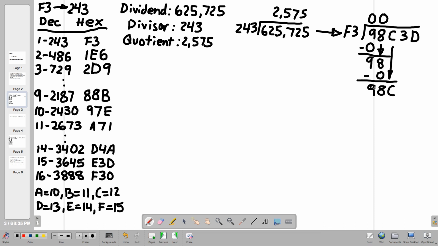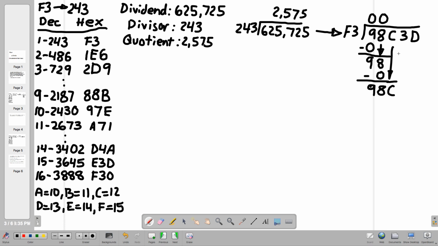Now the next cycle, we ask the question, does F3 divide into 98C? And this is where we have to look towards the chart to the left, and that's what I wanted to show. So we have 10 is represented by the letter A. What it's saying is F3 times 10, or A, will produce a value 97E.